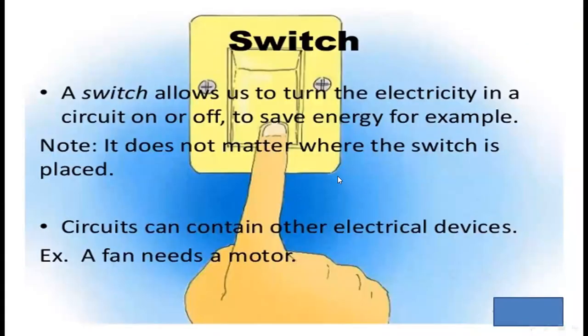Here you see a switch. A switch allows us to turn the electricity in a circuit on or off to save energy. It doesn't matter where the switch is placed. Circuits can contain other electrical devices, like a fan, which needs a motor. So a switch is used to turn on and off to save energy.